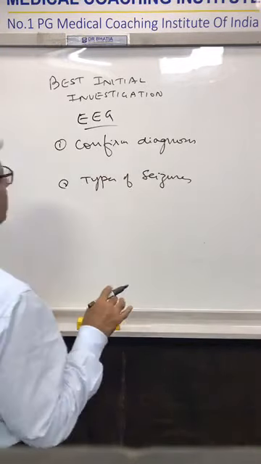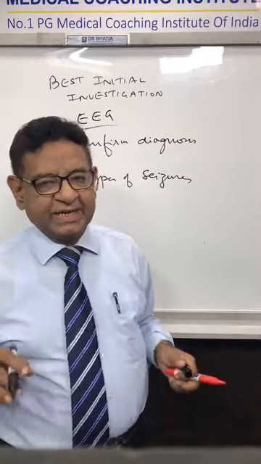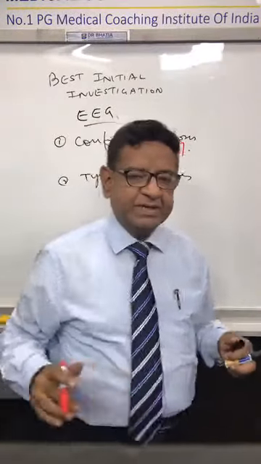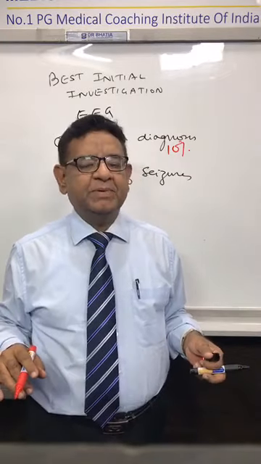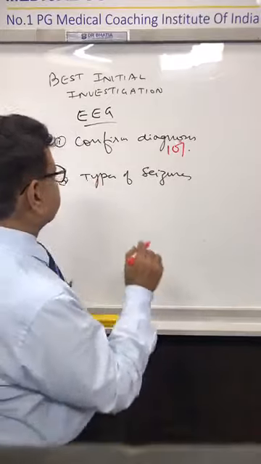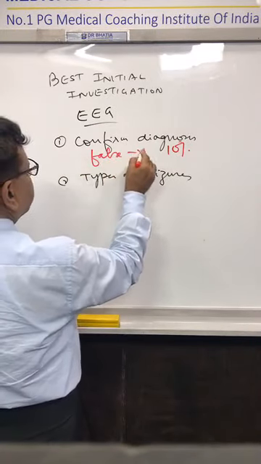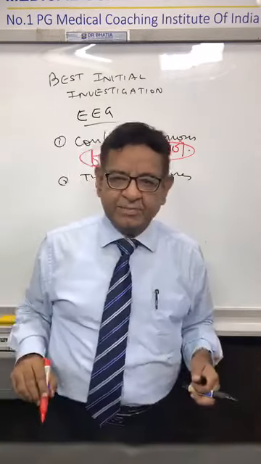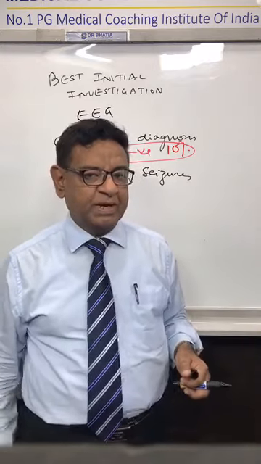But remember, there are a few false positives and false negatives. That means the patient has epilepsy, but EEG is normal; this is a false negative, around 10%. Again, repeating a second time, the patient actually has seizure, but EEG is normal.